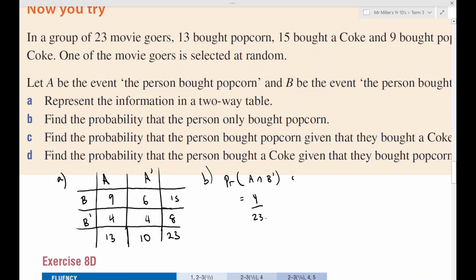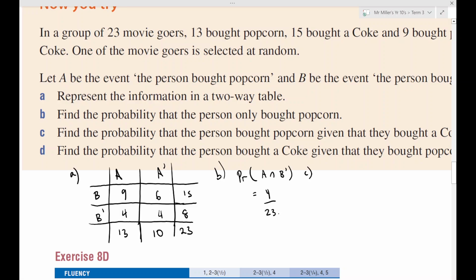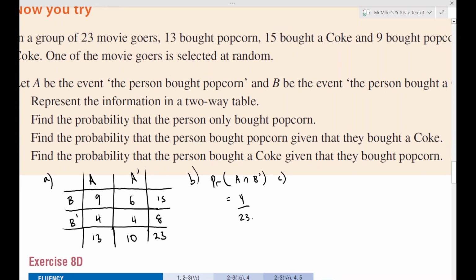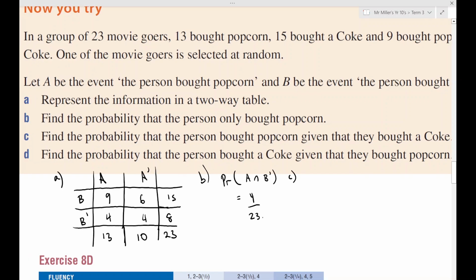Okay, C. Find the probability that the person bought popcorn given that they bought a Coke. So buying a Coke, that was event B. So we're looking out of all the people that bought Coke. So out of these 15 people who bought Coke, how many also bought popcorn?